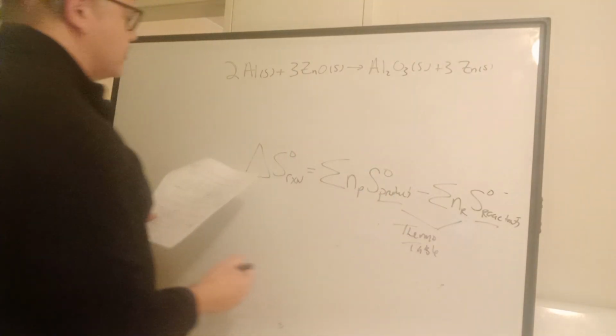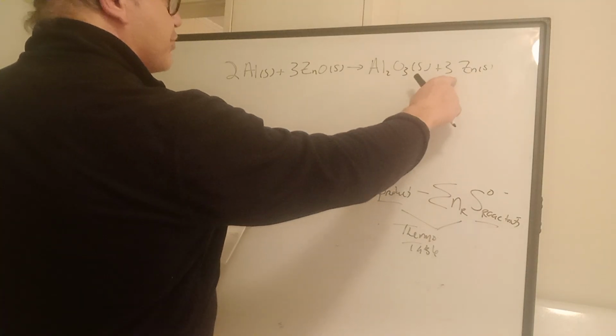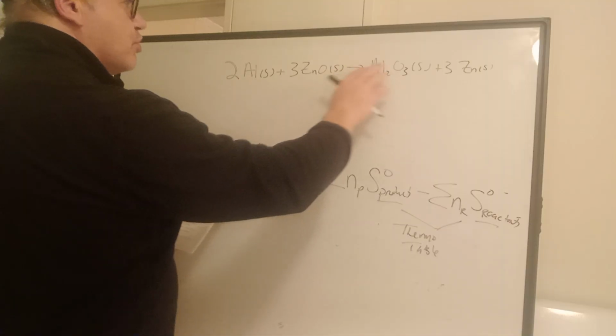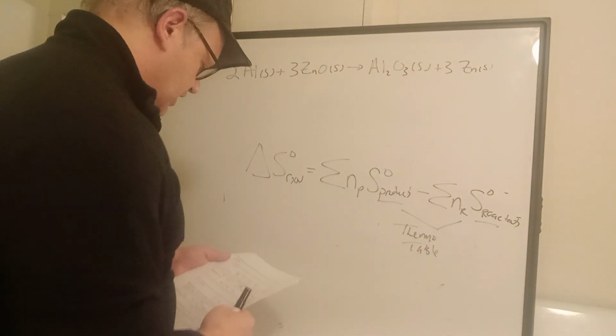Let me make sure it's balanced correctly, because if it's not, I'll do a problem that'll be a waste of time. 3 zincs, 3 oxygen, 2 aluminum. We're good, and there's no charge on either side, so there's nothing to worry about.